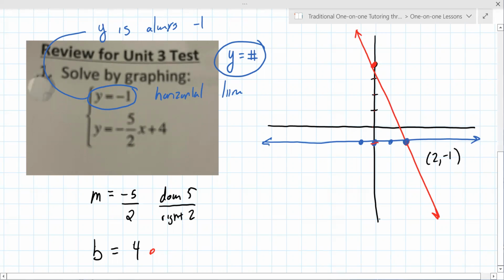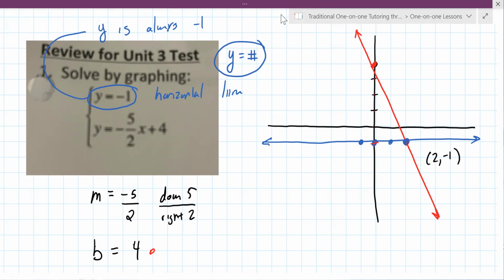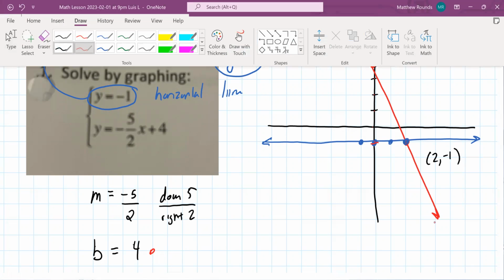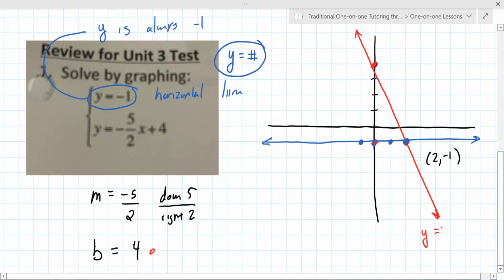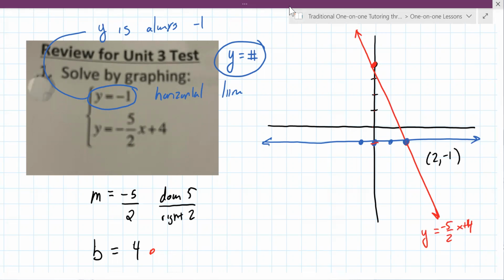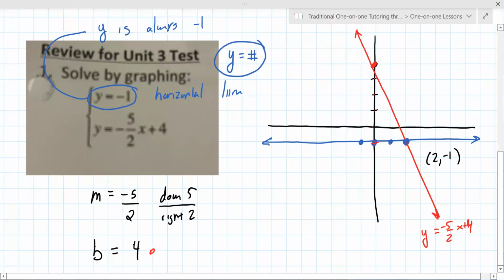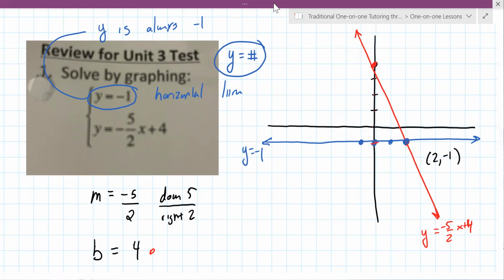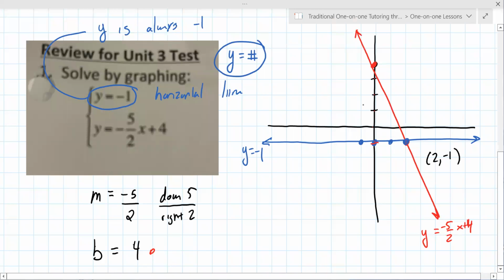Now for maximum points, you probably want to label each equation. You want to say that the red one is y equals -5/2 x plus 4. You probably want to say that the other one is y equals -1. And you probably for sure want to label the axes with the grid points, x and y like that.